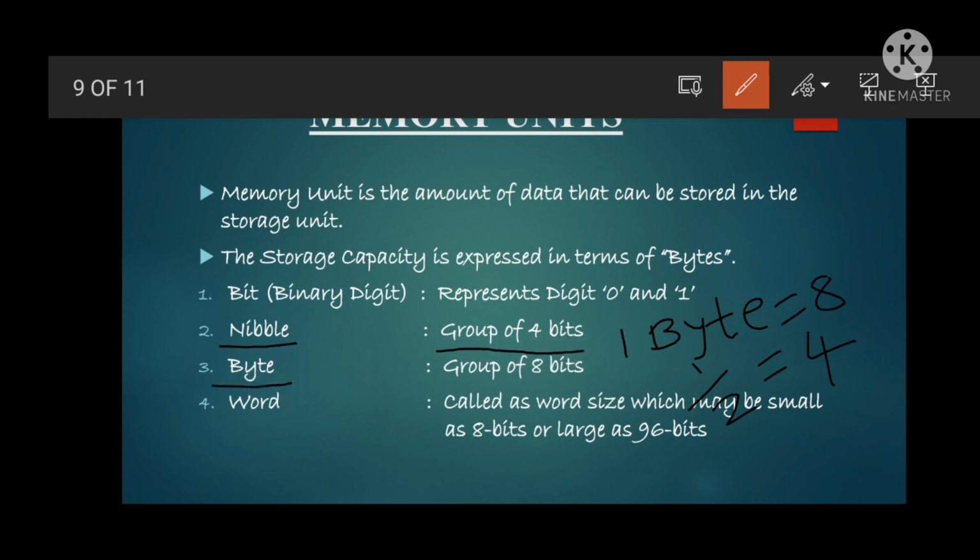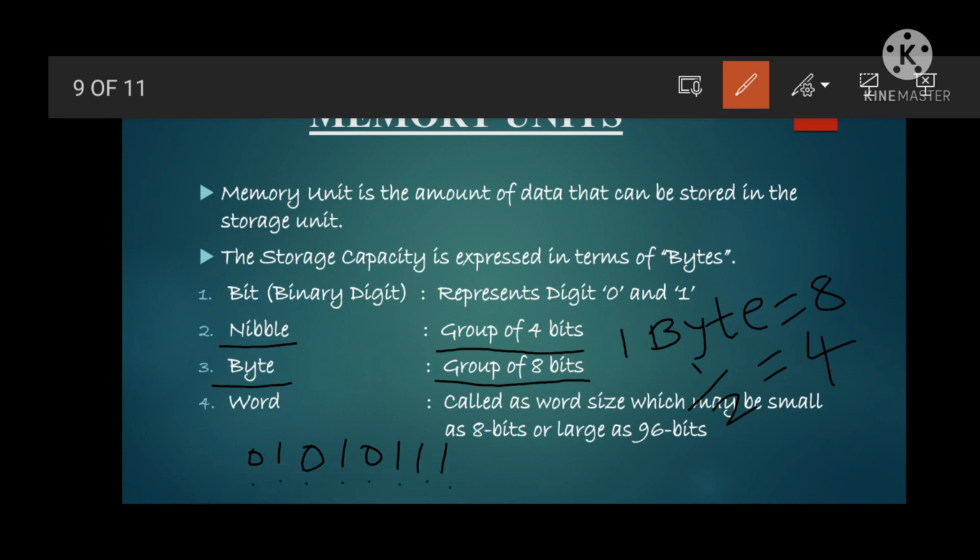And then what is a byte? I have clearly told you it's a group of 8 bits. For example, binary is all about zeros and ones, so I'll write 0 1 0 1 0 1 1 1. How many bits do I have? 1 2 3 4 5 6 7 8.